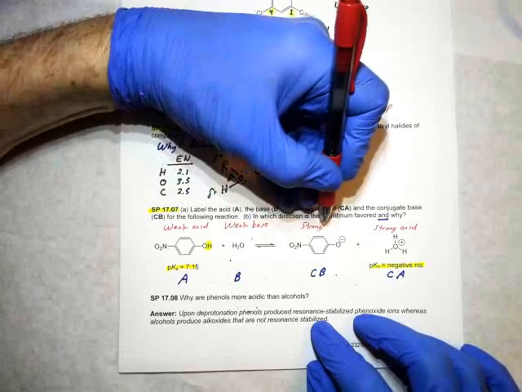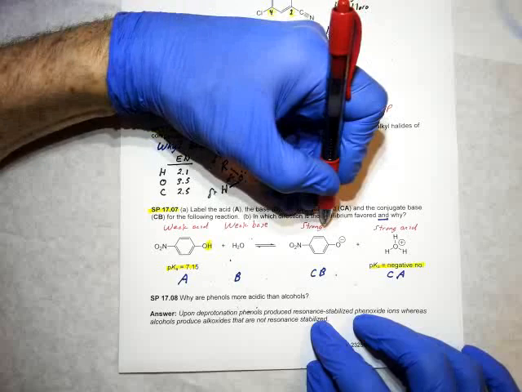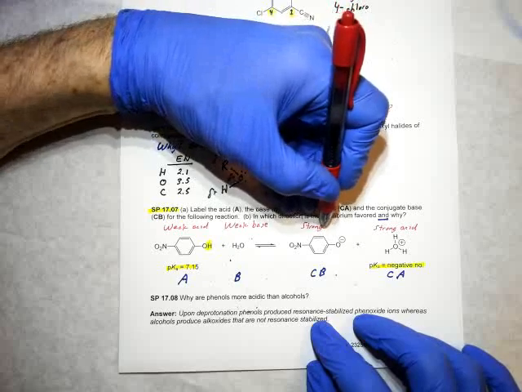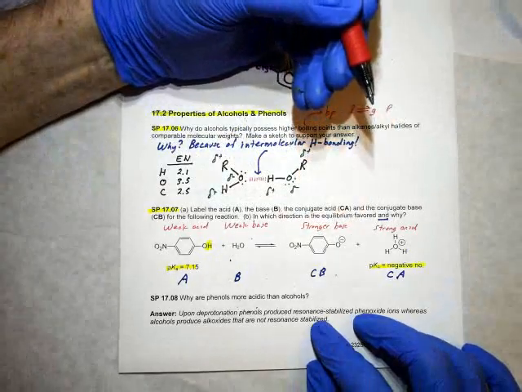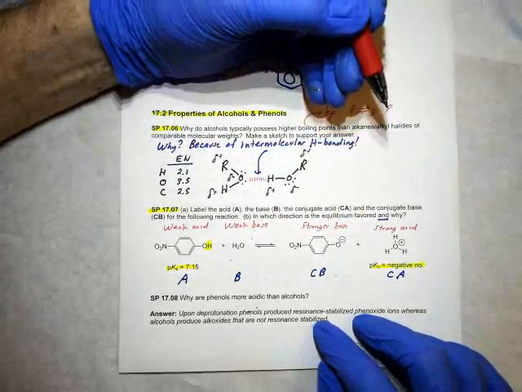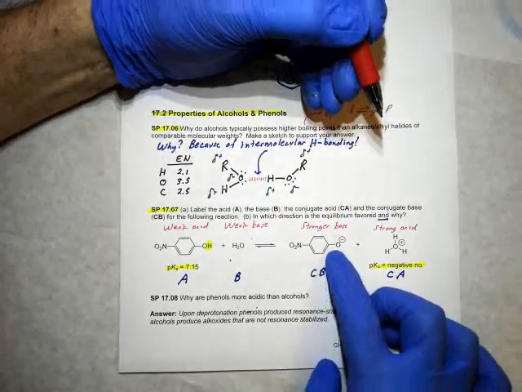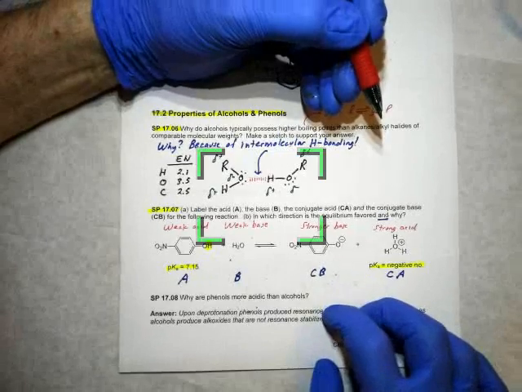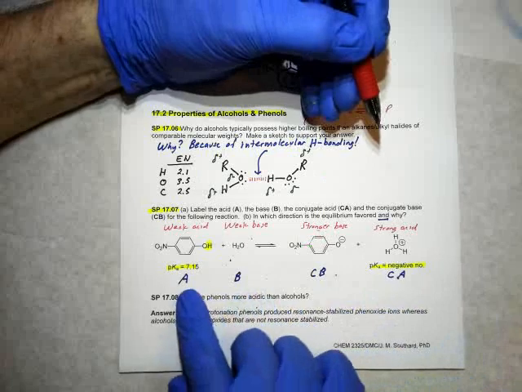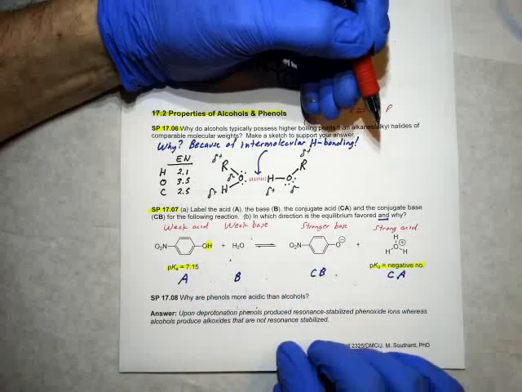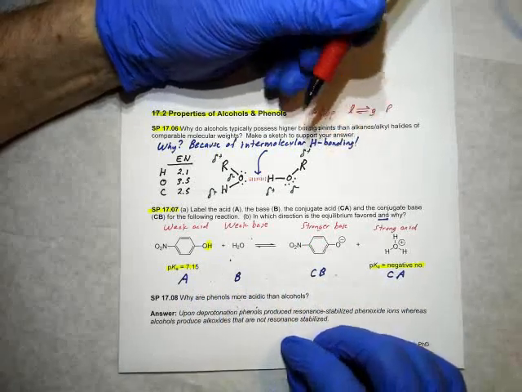Now, rather than write strong base, I'm going to put the word stronger base. It's the strongest base in this system, but in reality, this particular base is not all that strong. Don't let that concern you. Just be able to designate acids, bases, and conjugates and tell me which direction the equilibrium would lie.